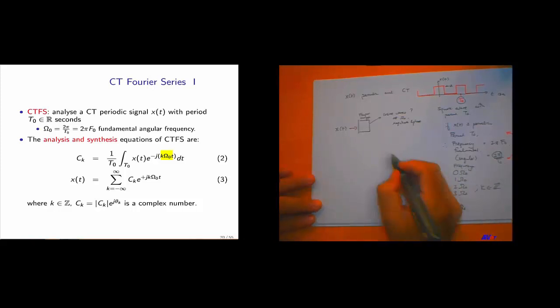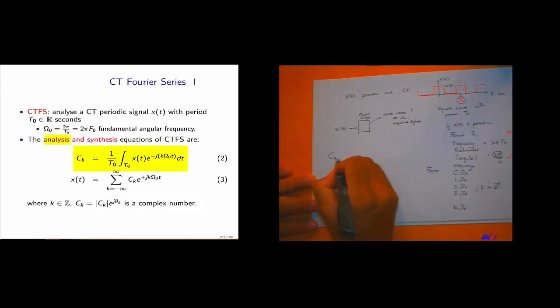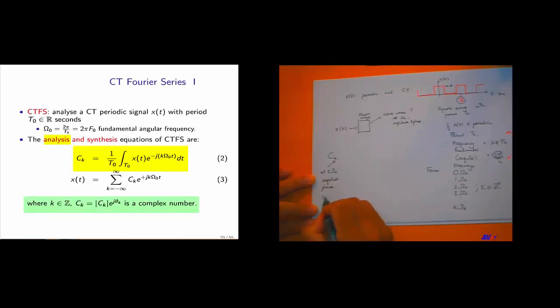And therefore now what we have is this equation. We have C k, where this C k is a Fourier series coefficient at the k omega naught frequency of interest. And this C k will tell me the magnitude and the phase of the complex exponential that is required to reconstruct the signal.